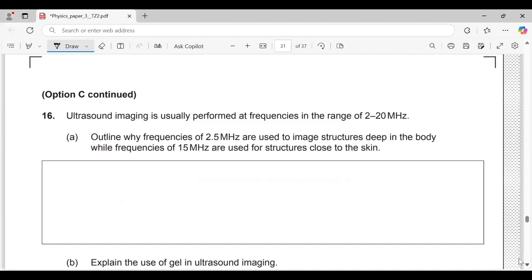Ultrasound imaging is usually performed at frequencies in the range of 2 to 20 megahertz. Outline why frequencies of 2.5 megahertz are used to image structures deep in the body, while a frequency of 15 megahertz is used for structures close to the skin.